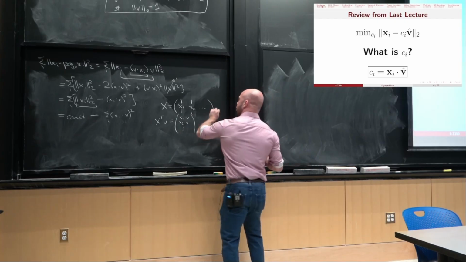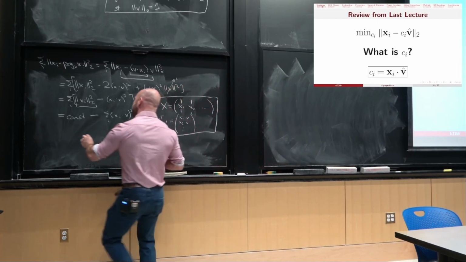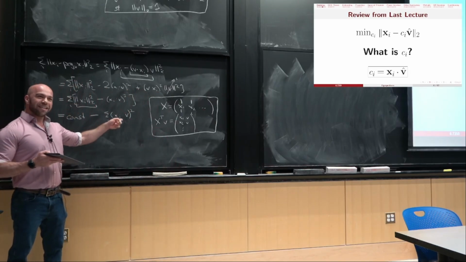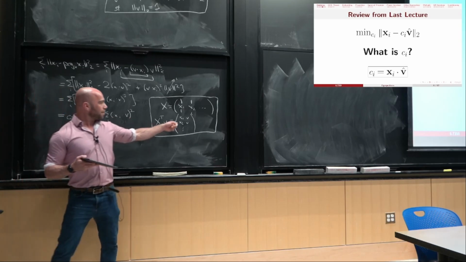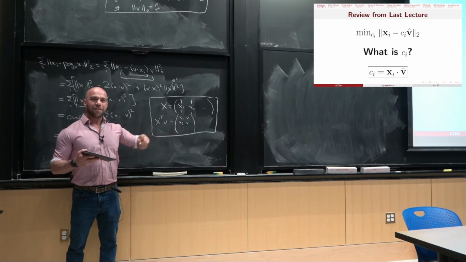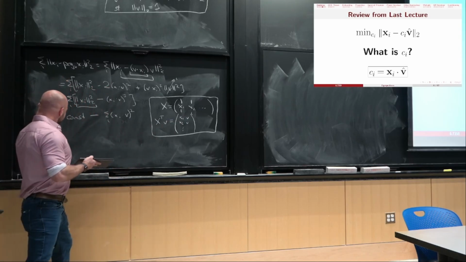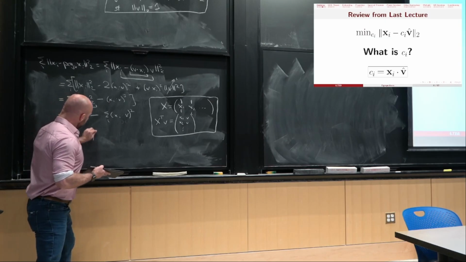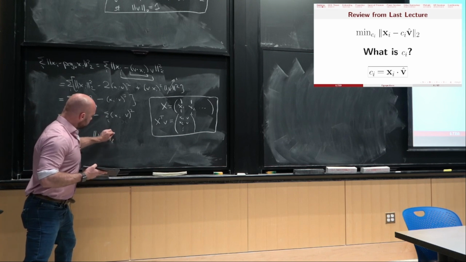So in particular, now we can write a really slick thing. This is the sum over i of xi dot v. Notice that the xi dot v's are basically just the elements of this vector. So if we put that all together, this is some constant minus the norm of x transpose v squared.